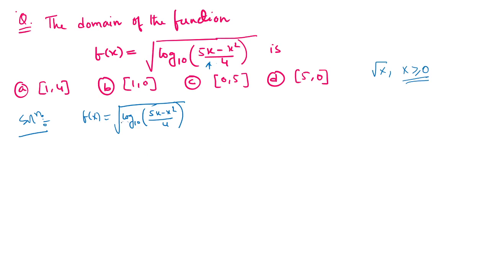That means, inside the log, that is log of 10, (5x minus x squared) by 4 should be greater than or equal to 0. Is that okay? Under root of x is defined, so x should be greater than or equal to 0.